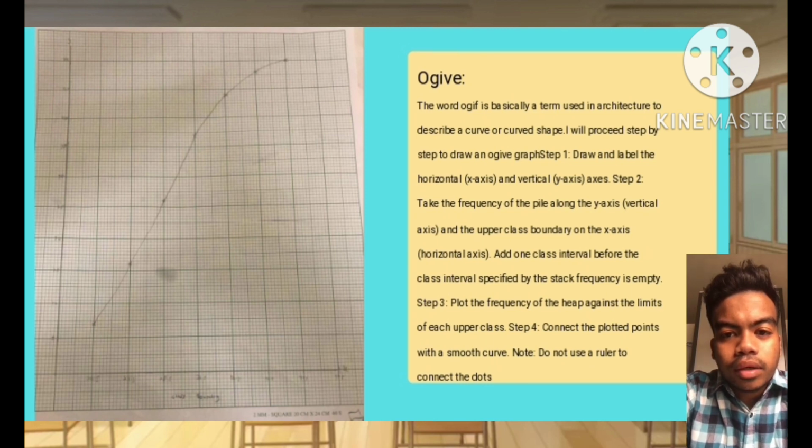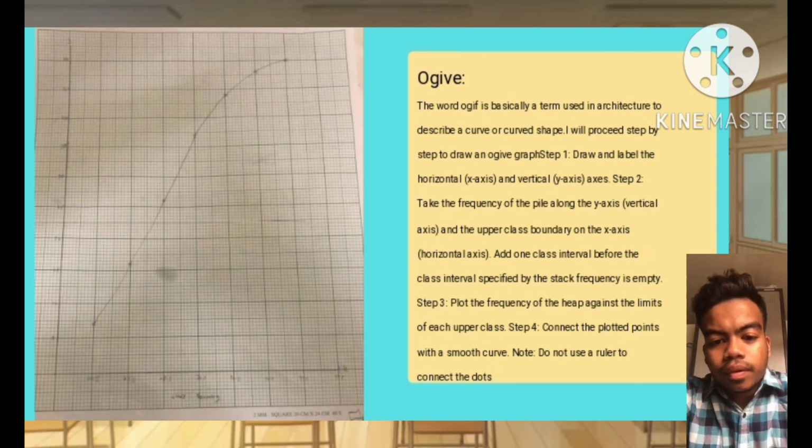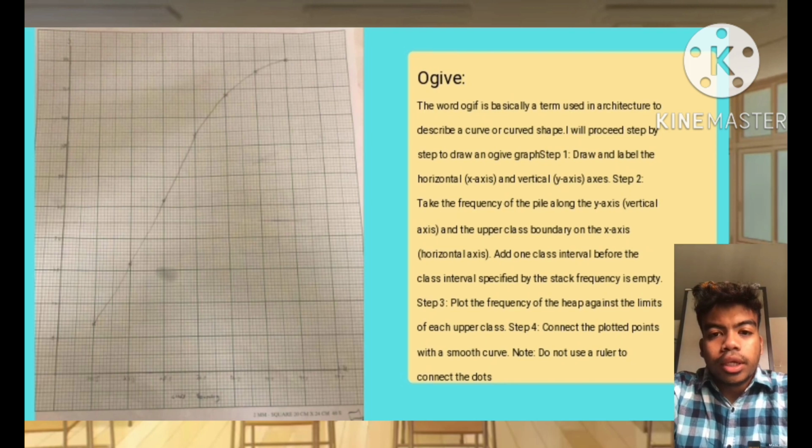Step 1. Draw and label the horizontal x-axis and vertical y-axis. Step 2.